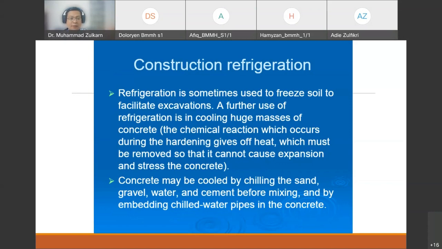So that one will be replaced by a new discovery. Sometimes they find new technology and it replaces the old one.